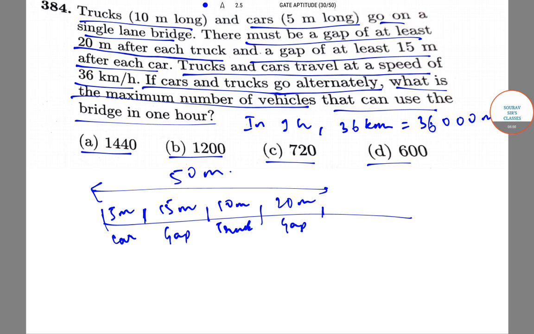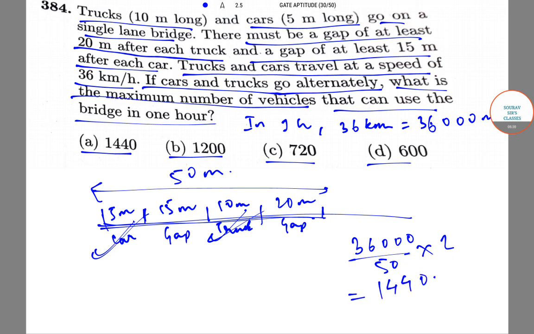So the maximum number of vehicles is the total distance 36,000 by 50 into 2. Since in a span of 50 meters we have two vehicles, a car and a truck, this is equal to 1440. Therefore option A is the correct answer.